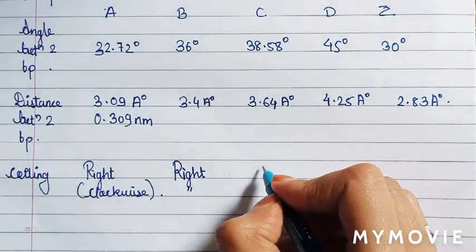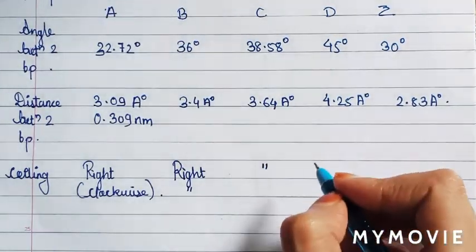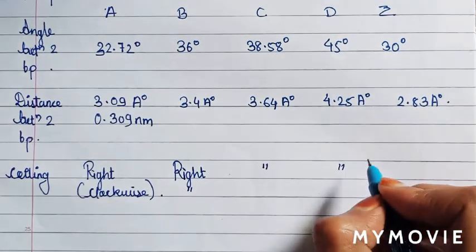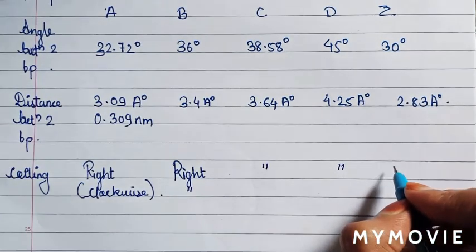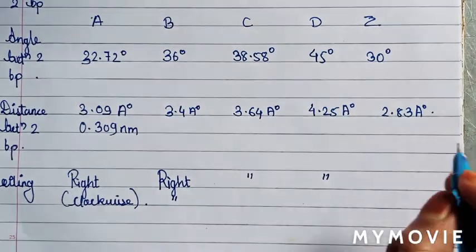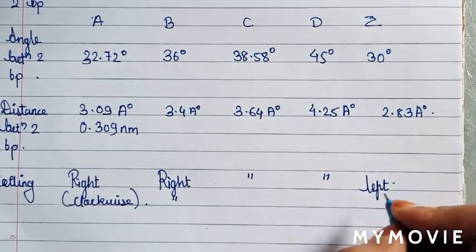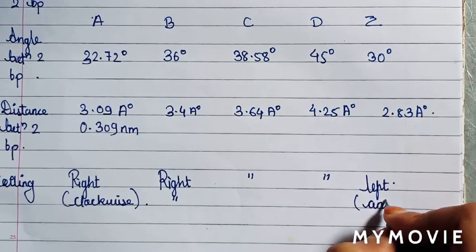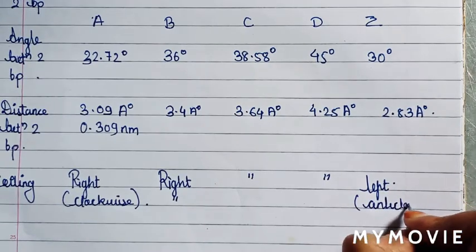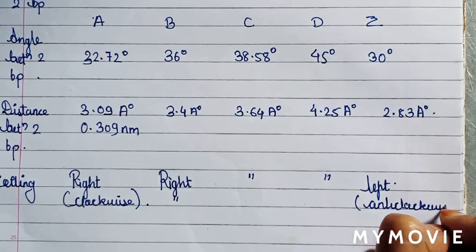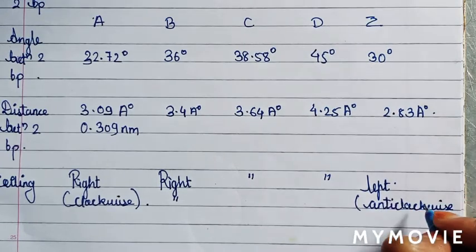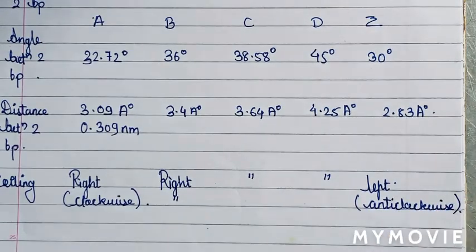C DNA has right-handed clockwise coiling. D DNA also has right-hand coiling, and Z DNA is a different DNA having left-hand coiling, meaning anti-clockwise coiling. So these were the types of DNA on the basis of number of base pairs per turn and types of coiling.